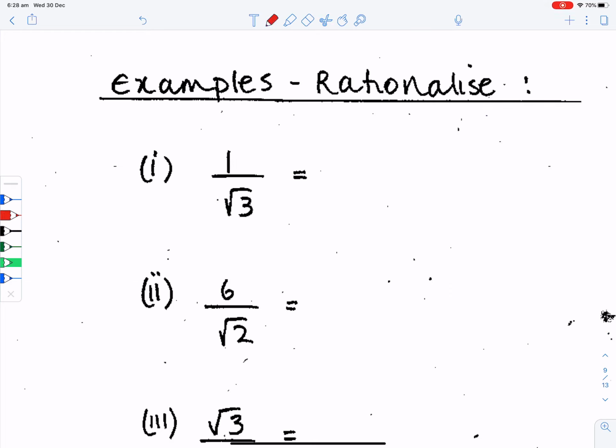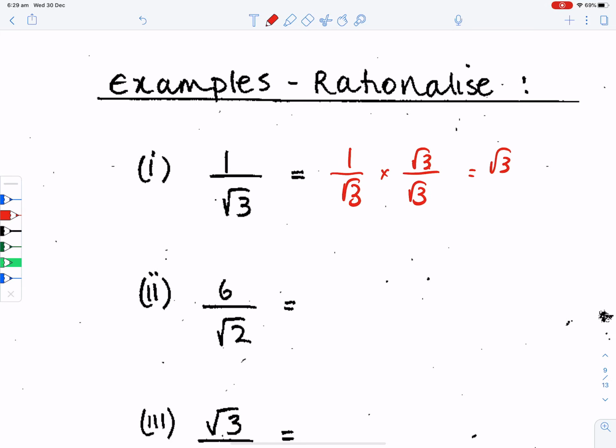We've got the question, 1 on root 3, and we multiply that by root 3 on root 3, and now that becomes root 3 over 3. So you've taken 1 on root 3, which has an irrational denominator, and rewritten it as root 3 on 3. If you put both into the calculator, you should get the same answer.